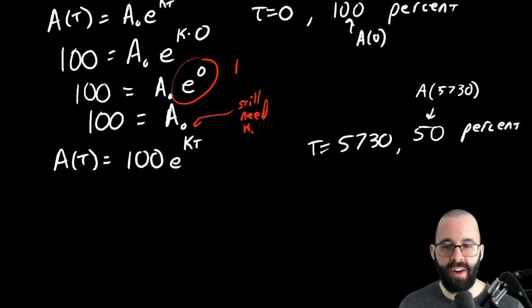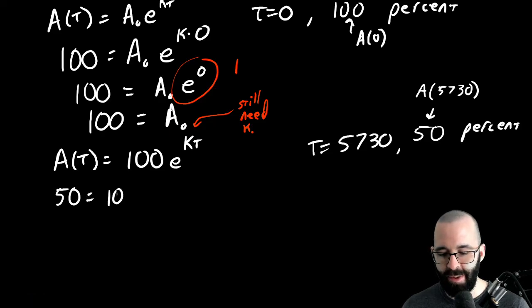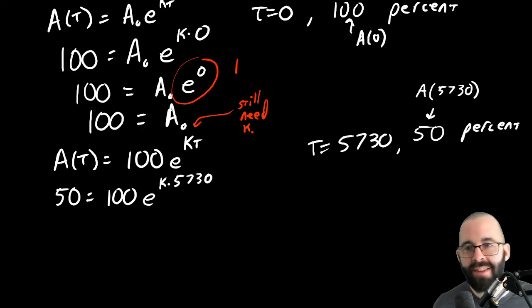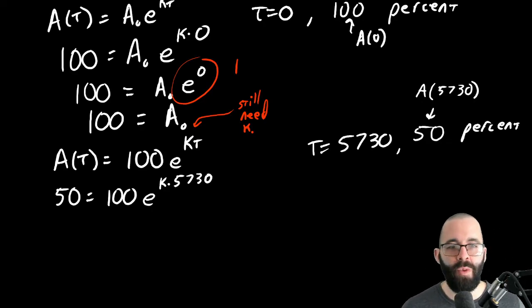Oh, I don't want to get ahead of myself. 50 is equal to 100 times e to the k times t, and our t here is 5730. This is an exponential equation that we have to solve. Well, we've been solving exponential equations for maybe a week or so now. How do we solve this?